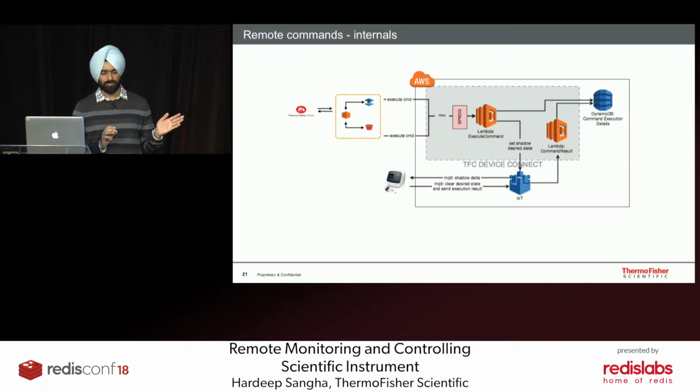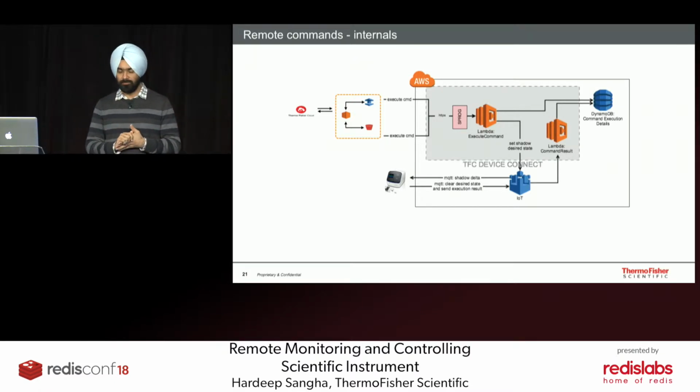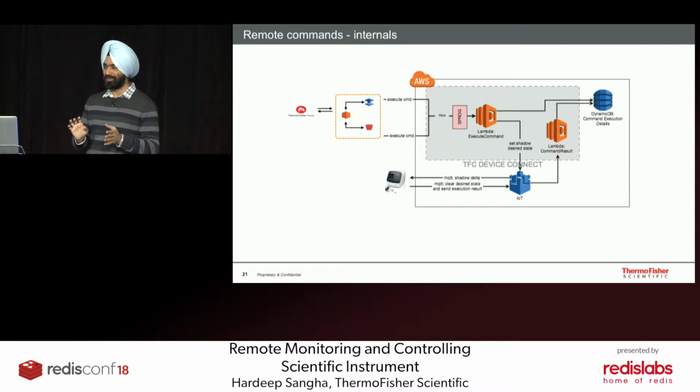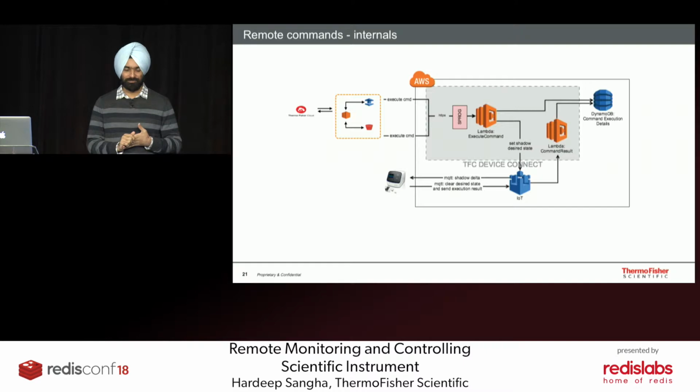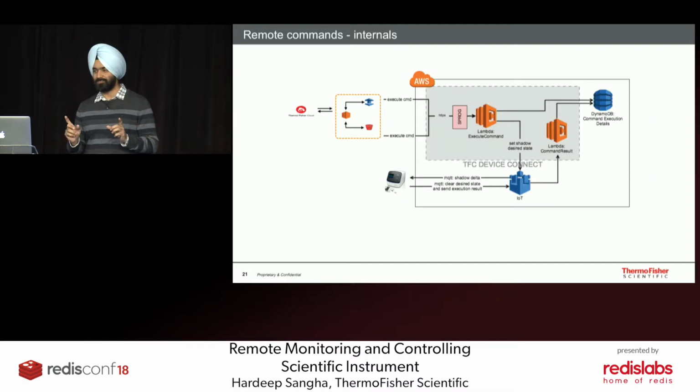Okay, you saw the remote monitoring part, right? How does the control happen? We are an AWS shop, so this is how control happens. I told you there's an application called Device Connect. Device Connect is responsible for giving us REST-based APIs if, from within the customer-facing application, you want to do some remote commands on the instrument.